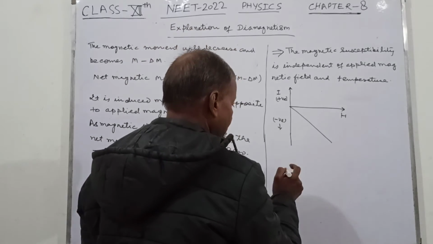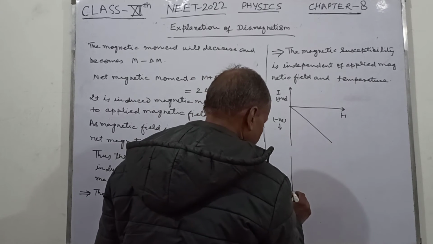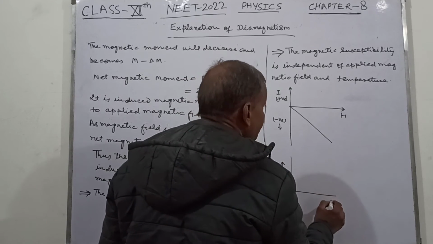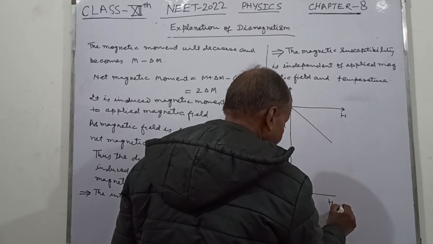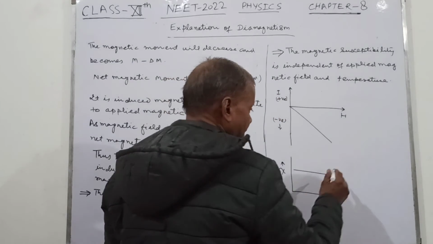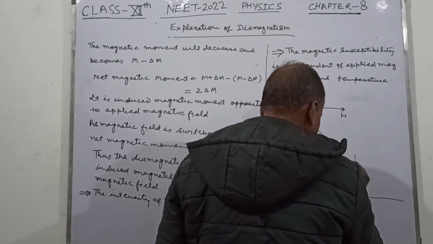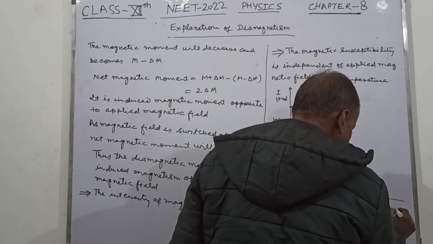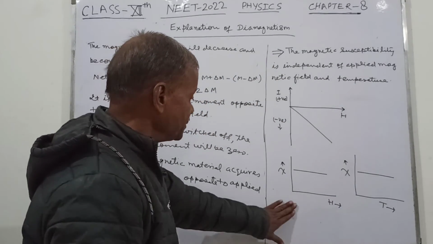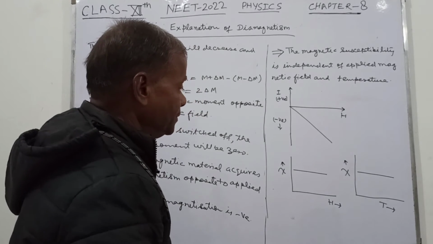If we draw the susceptibility against H, the applied magnetic field, it is independent of it. Similarly, if we plot susceptibility against temperature T, it will be like this. So this shows that chi is independent of H and also independent of T.